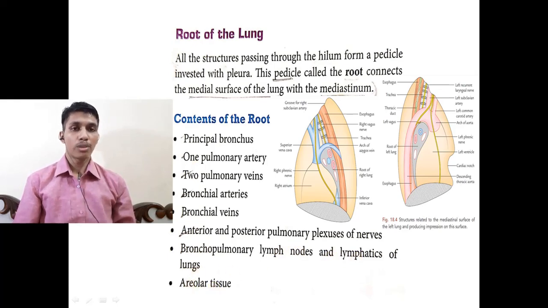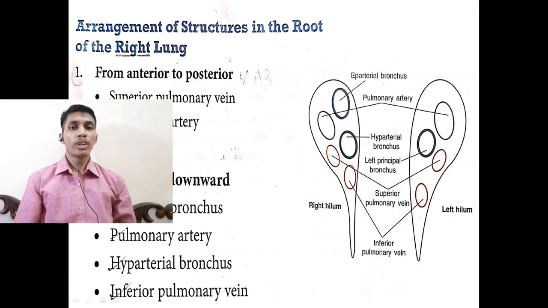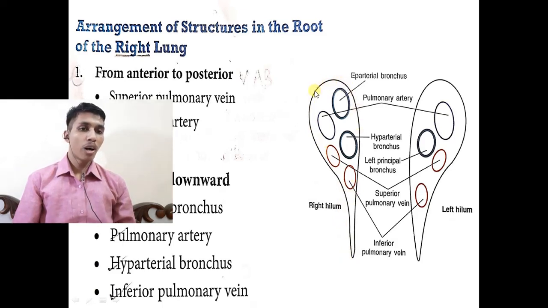and areolar tissue. Moving on to the next slide, the arrangement of structures in the root of the right lung. This is the root of the right lung and this is the margin formed by the pulmonary ligament. Likewise, this is the root of the left lung and this margin is of the pulmonary ligament.